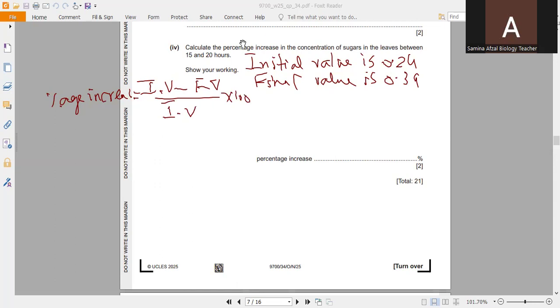So the initial value was 0.24. 0.39 minus 0.24 is 0.15, divided by 0.24, multiplied by 100.